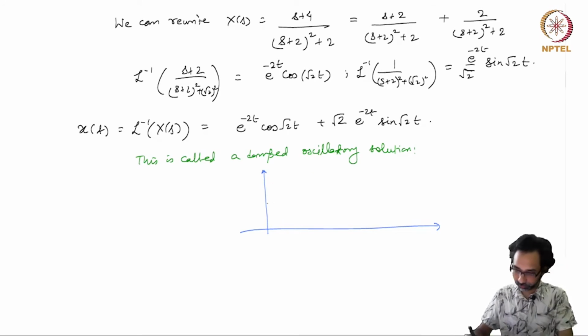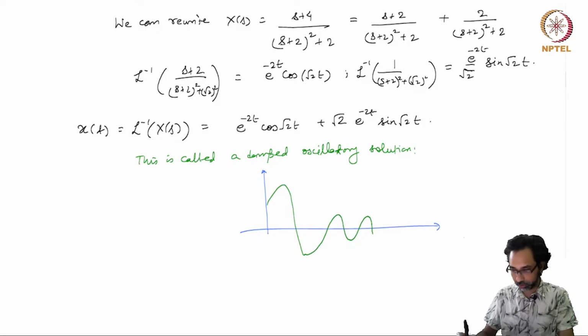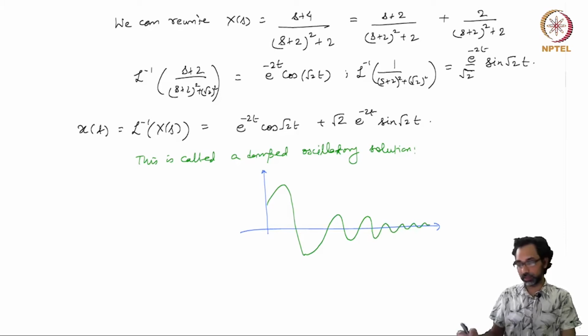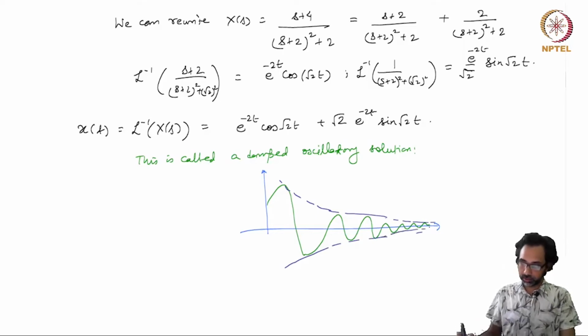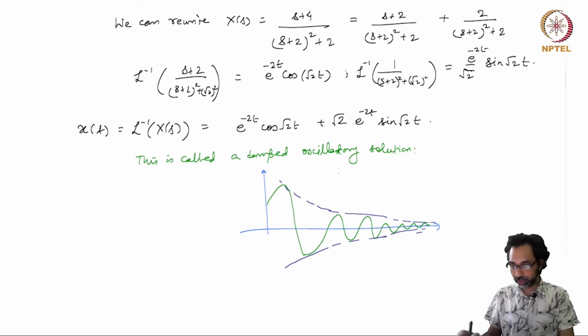So the graph starts out big and then it oscillates, but the amplitude of oscillation dies out as t goes to infinity. So in fact the enveloping curve dies out to 0 as t goes to infinity. So this is called a damped oscillatory solution, because it oscillates like this between positive and negative parts.